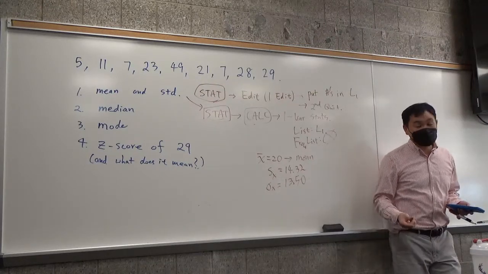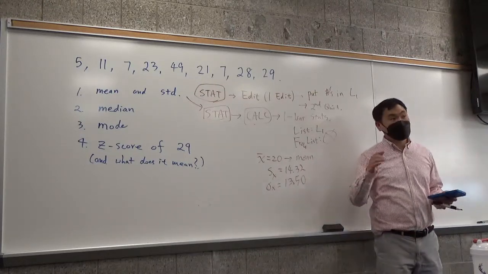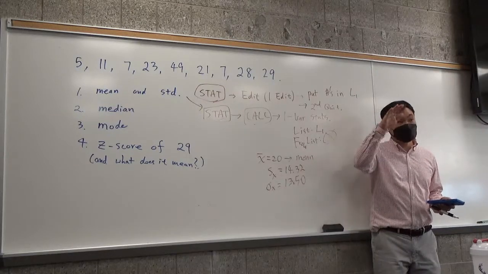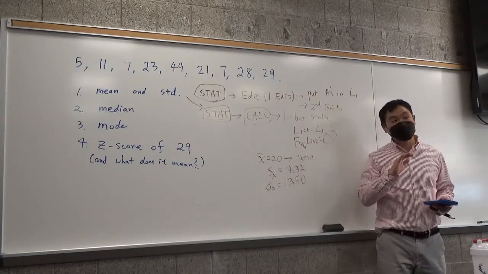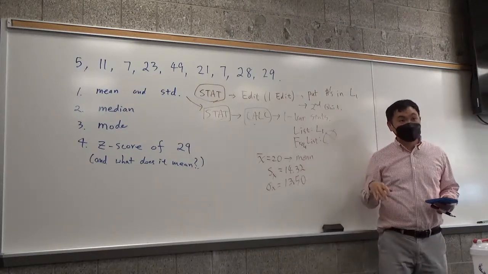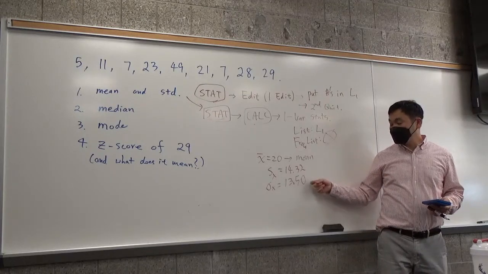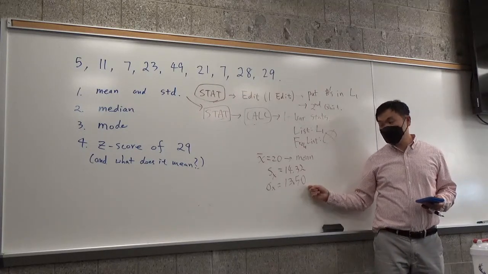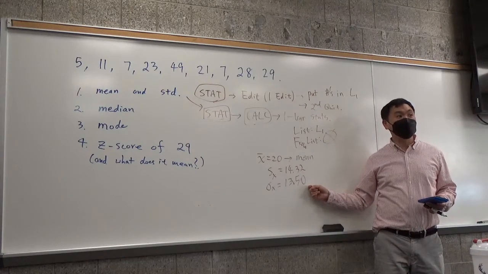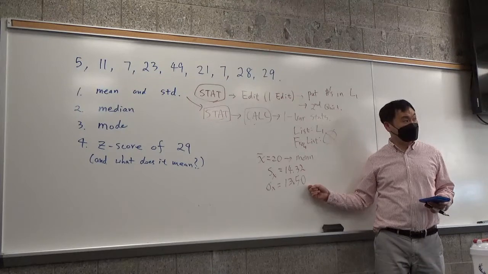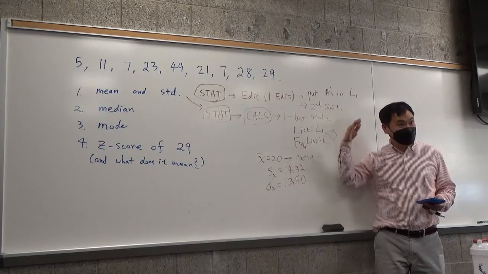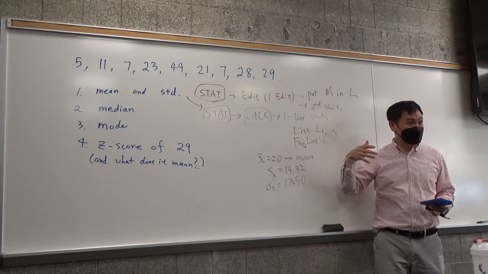So if you want to know how the population variance will be, or what the population standard deviation will be, then the sample's own standard deviation always underestimates. So you have to correct it to make it bigger.